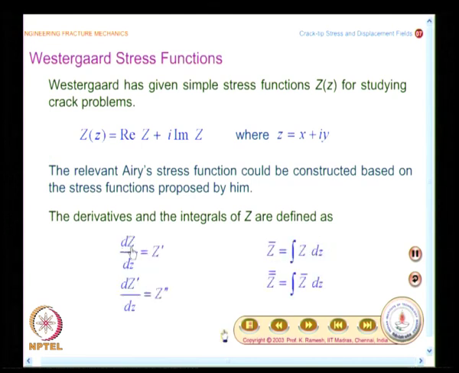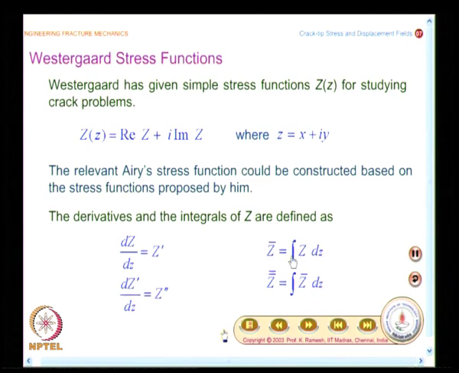So, d of capital Z divided by d of small z equal to Z prime. Similar notation, when you have a prime, you say that this is a first derivative. When you have 2 primes, you have this as a second derivative. So, you have d of capital Z prime divided by dz equal to Z double prime. These are for differentials. You also have a notational scheme for representing the integrals.